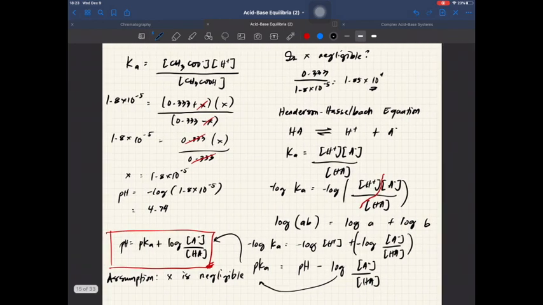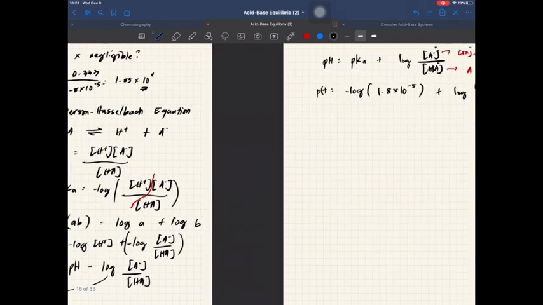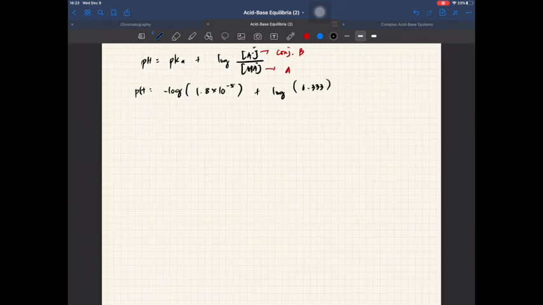The conjugate base is the acetate, this one, and this one is the acid. So each concentration is 0.333, 0.333 divided by 0.333. So we have 4.74 here plus log of 1. But take note that log of 1 is 0. So therefore, pH is equal to 4.74.